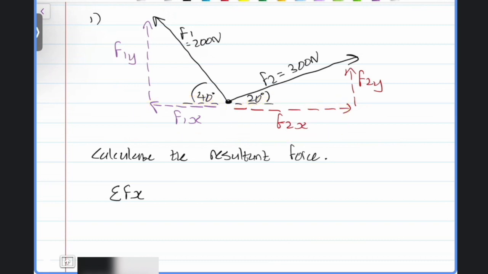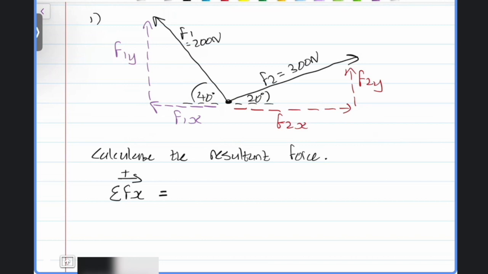So now what I'm going to do is I'm going to take a particular direction as positive, because that's very important. You have to choose a direction as positive. So sum of forces in the x, got to choose a direction as positive. In this case, I'm choosing to the right because it seems like the right is going to be bigger. So sum of forces in the x direction, choosing to the right is positive here.